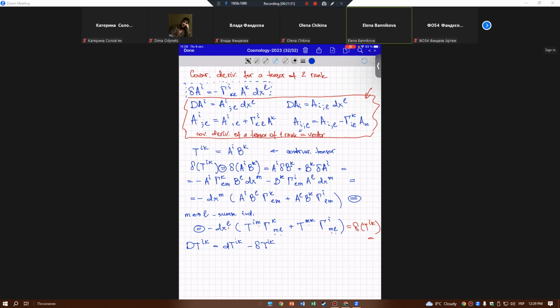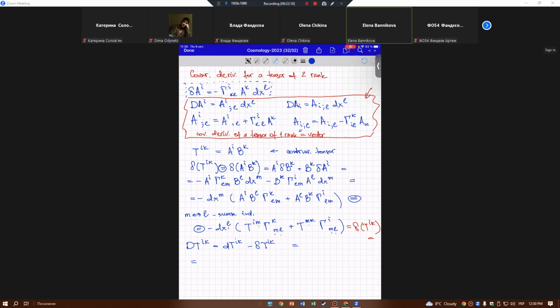Or if you want to write it through the covariant derivative, in principle we can continue like this. So write what is a normal differential.